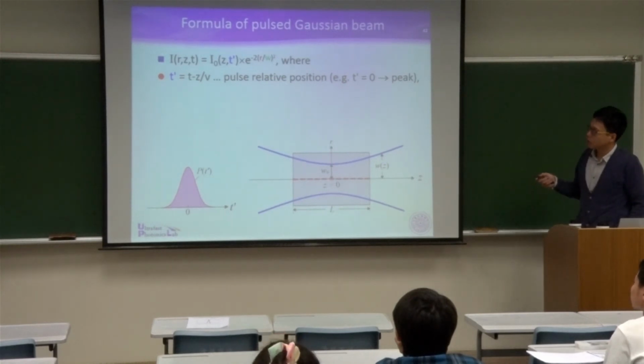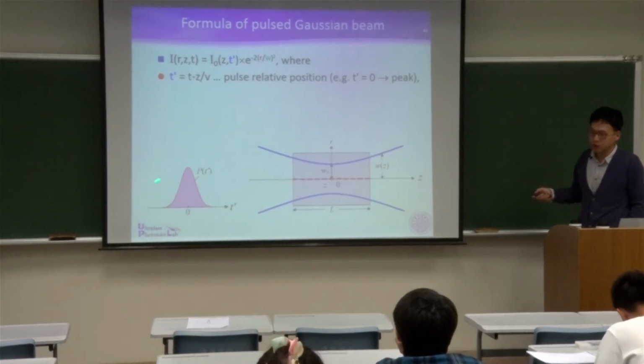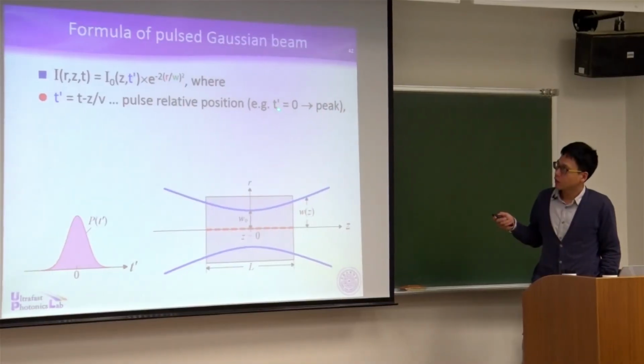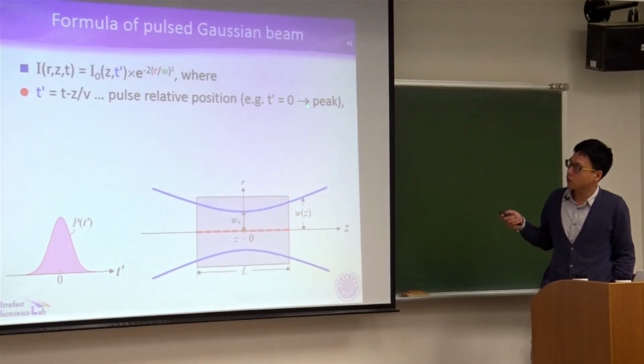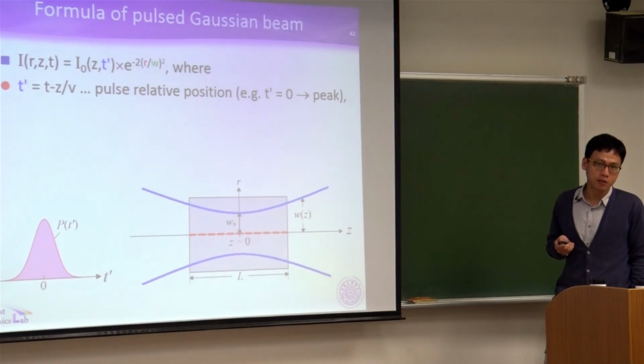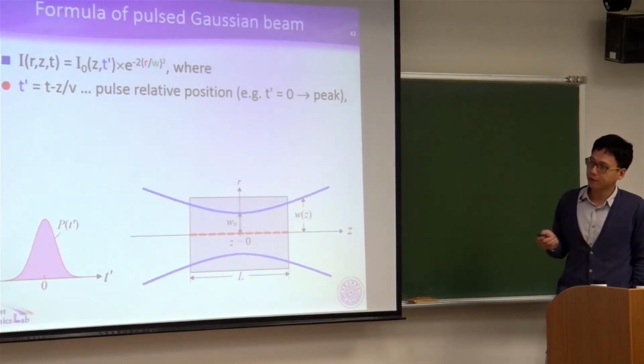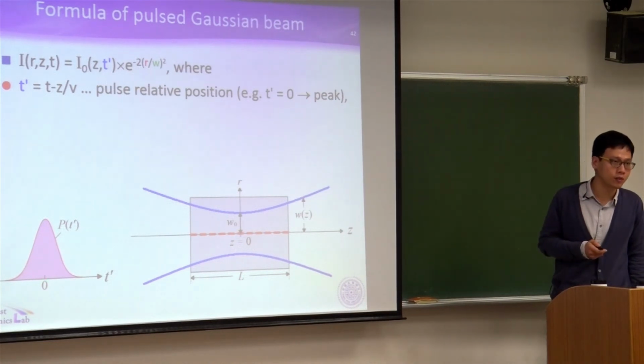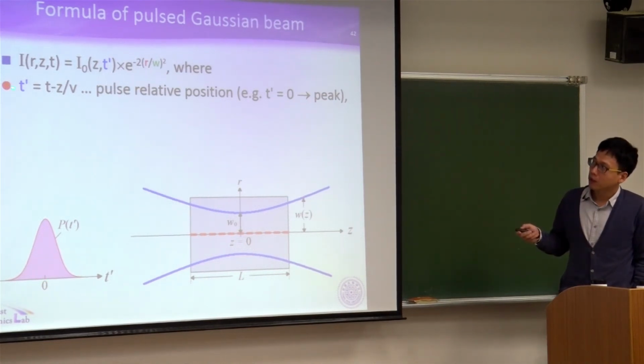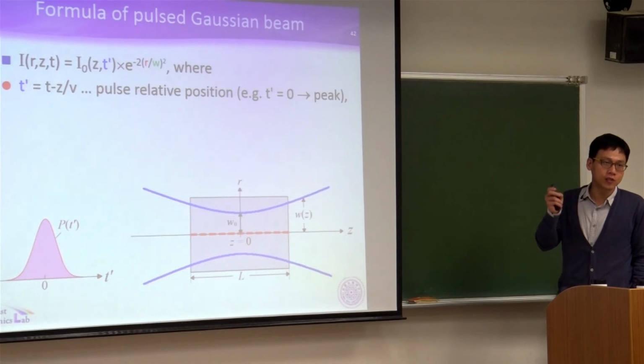So you can see t prime means the relative position of the pulse, just like the left figure here. For example, t prime equals 0 always indicates the pulse peak. But t prime is not a fixed time instant.